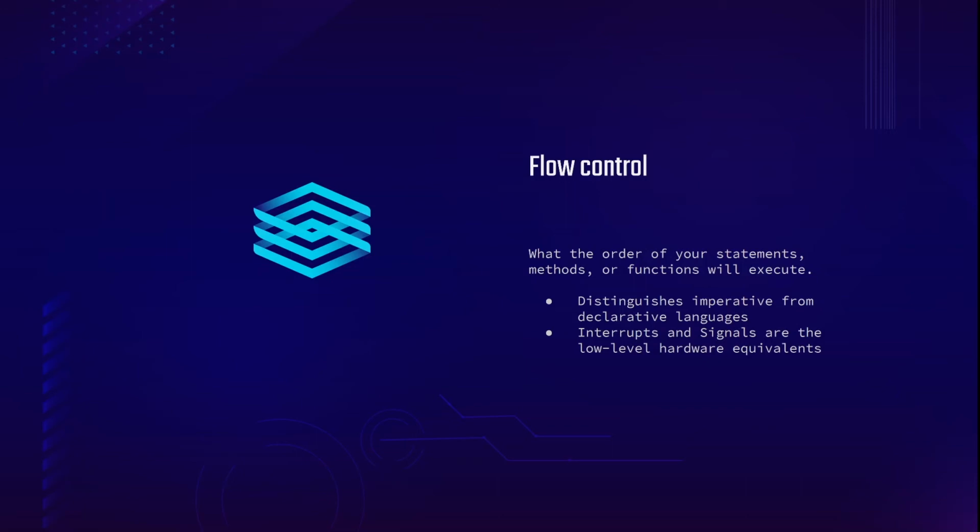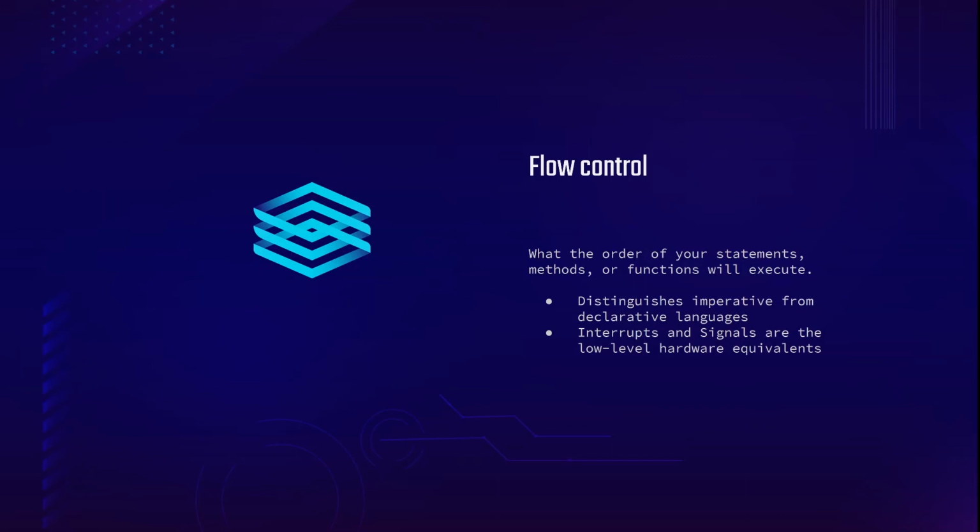So, generally speaking, flow control is the order in which your statements, methods, or functions will execute. Object-oriented is technically procedural in that, whatever sequence you write, if I have like 5 different methods, we'll call them A, B, C, D, and E, when I call them in main, I can do A on one line, B on another line, D on the next line, C on the next line, and E on the last.